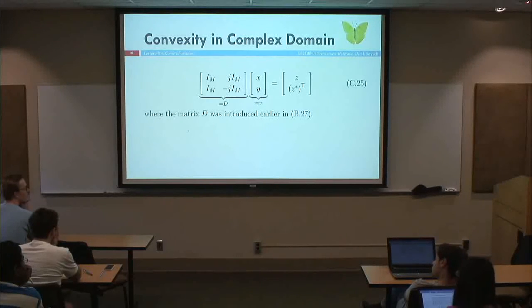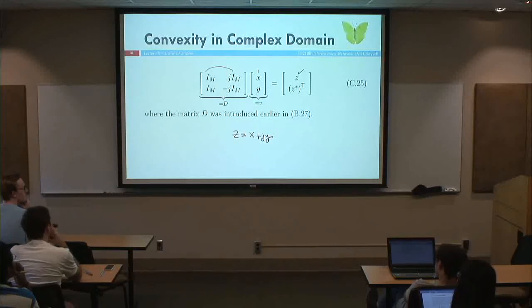First of all, remember I'm introducing Z. So Z is x plus jy. This is the map to go from x to Z and from Z to x, right? You see here, this matrix [I, jI] times [x, y] gives you Z, and [I, -jI] gives you Z star, and you transpose it, because Z star is a row and then transposed it becomes a column.